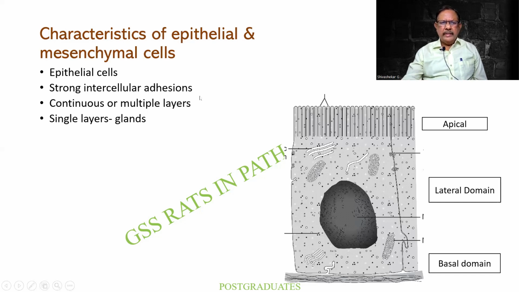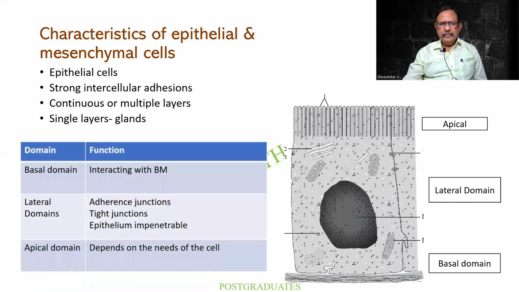Again, you must understand that epithelial cells form a continuous lining or multiple layers. When it is single, it can form a gland. So this is important. The functions are given in this box. The basal domain interacts with the basement membrane. The lateral domain has adherens junctions and tight junctions, and they are impenetrable.